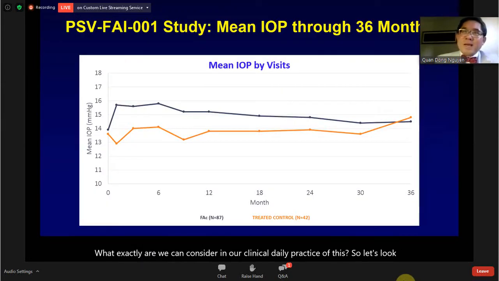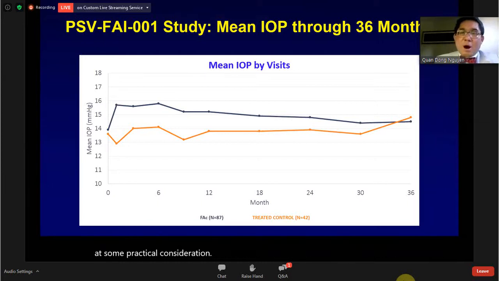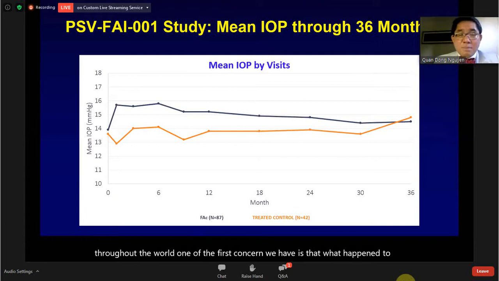When we talk about putting steroid in the eyes, all of us on this symposium and throughout the world, one of the first concerns we have is what happens to the intraocular pressure? After all, that is the most important concern that we have managing patients using steroids. Cataract, we can correct, although inconvenient, but we certainly can correct. But ocular hypertension and glaucoma is something that we're very concerned about.